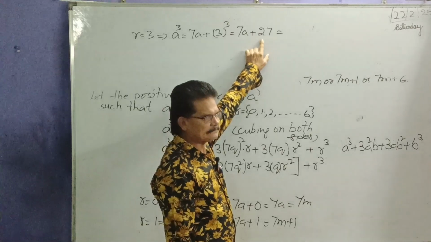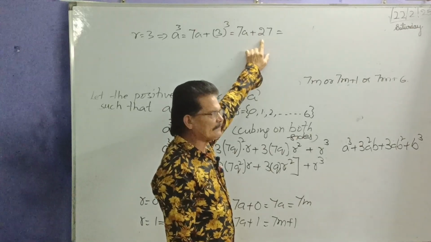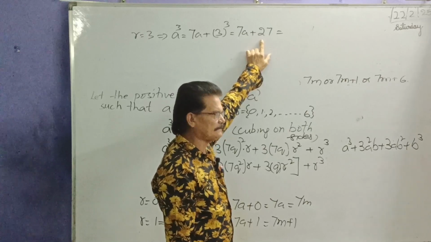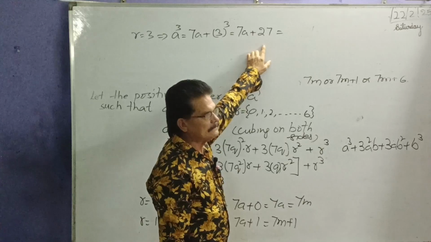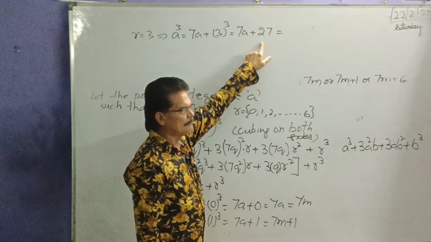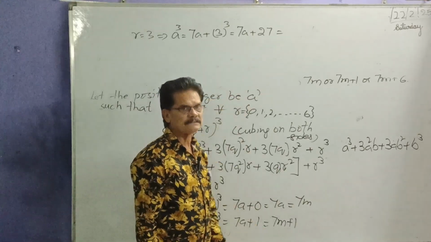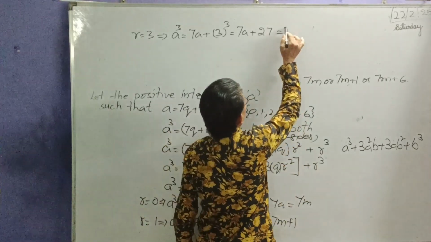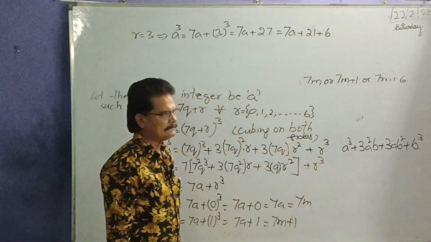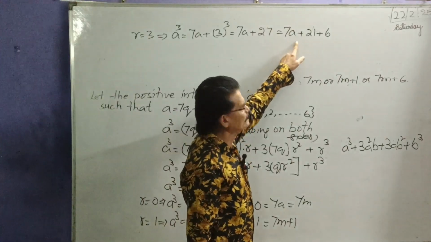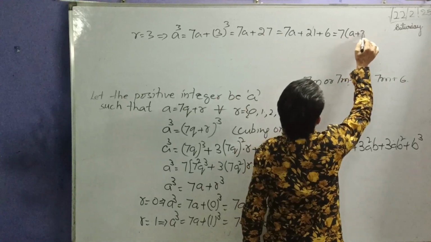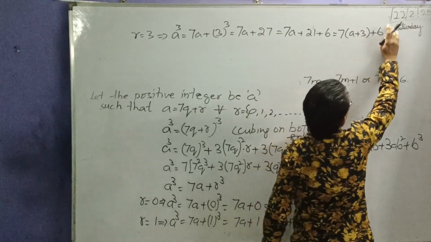We have to analyze here. Since the 7 table comes, we can take 7 common. So 27 can be written as 21 plus 6. Now take 7 common. It becomes 7 into a plus 3 plus 6.